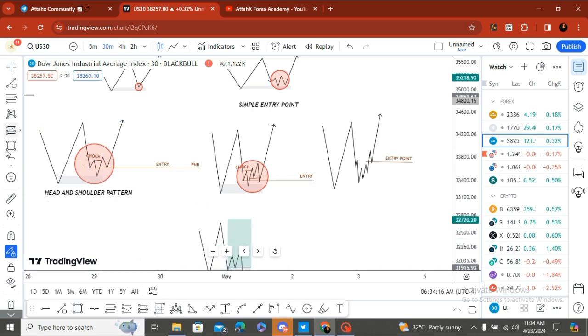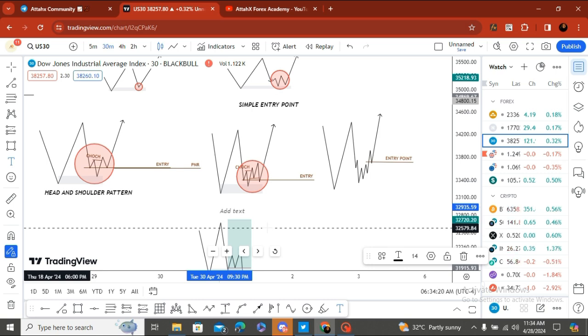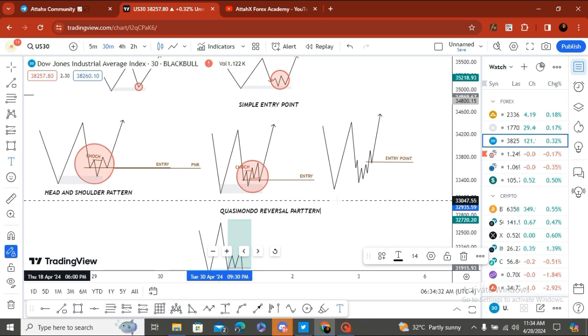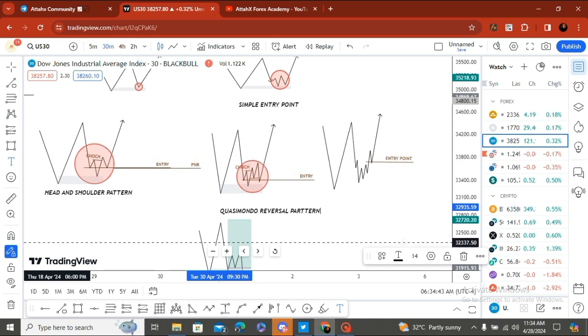Now, I said this one is the Quasimodo reversal pattern. Any trade projection that will go in your favor must have one of these simple entry points on the lower time frame.